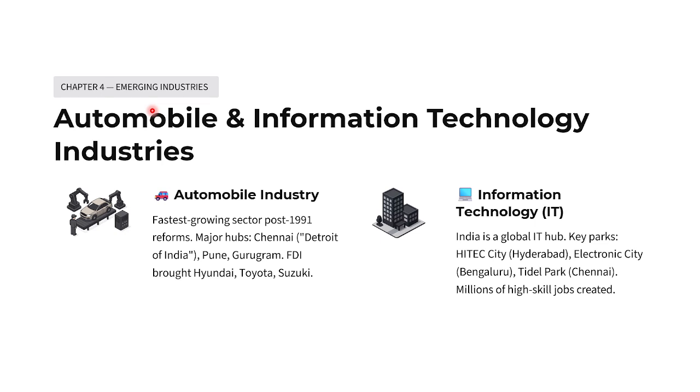After that, major hubs were established. Chennai is called the Detroit of India, and also Pune, Gurgaon. Then foreign direct investment brought Hyundai, Toyota, Suzuki. These are the companies that came from abroad and invested in India. The main part you have to remember.